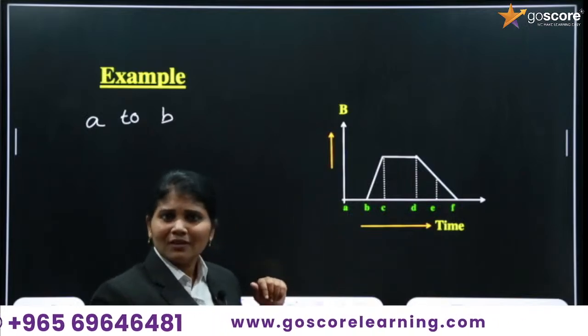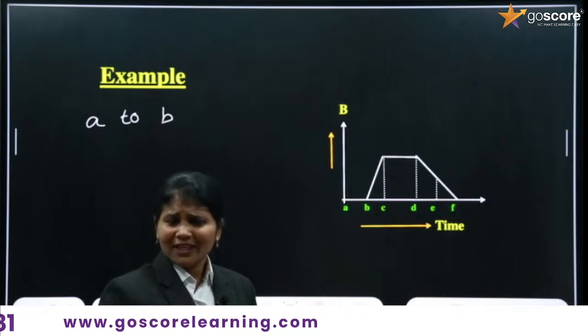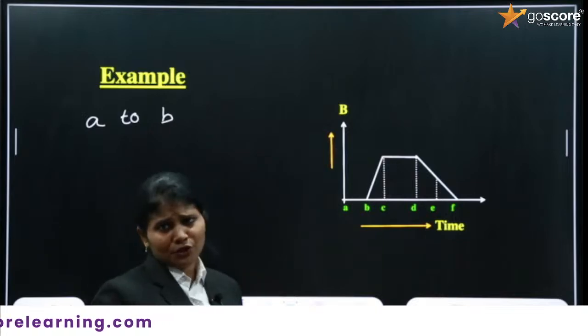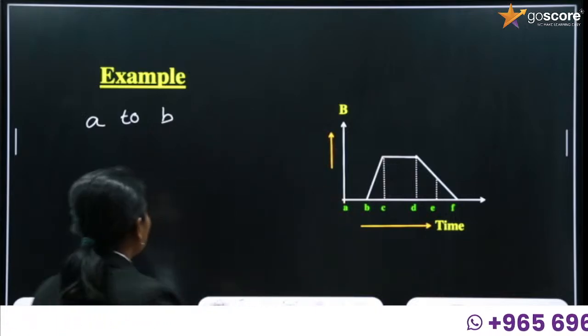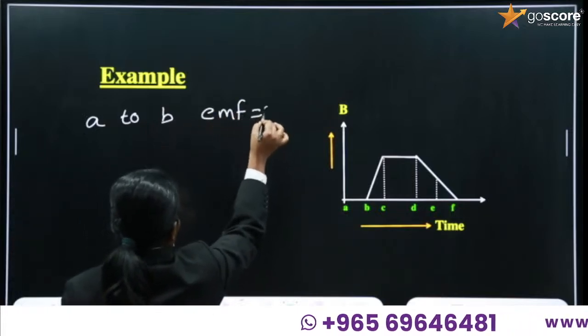No. There are no magnetic field lines, so how will we get flux? If there is no flux, how will we get EMF? From A to B position there are no magnetic field lines. That's why EMF is 0. A to B, EMF is equal to 0.